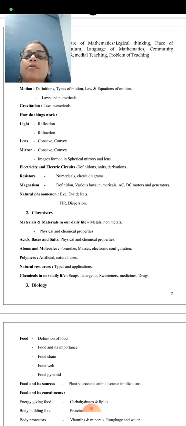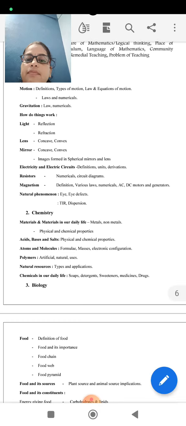We are learning about alloys. We are learning about corrosion. We are learning about the uses of metals and non-metals in our daily life. This is about the materials in our daily life topic.